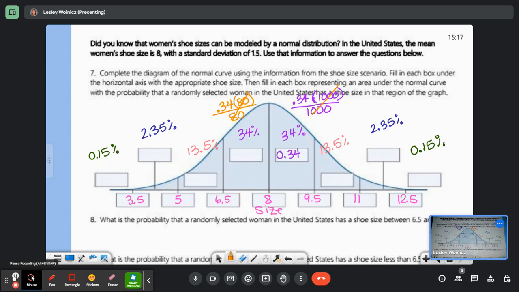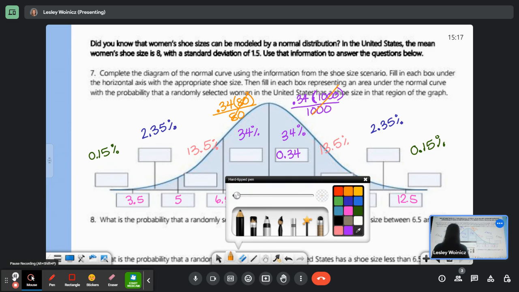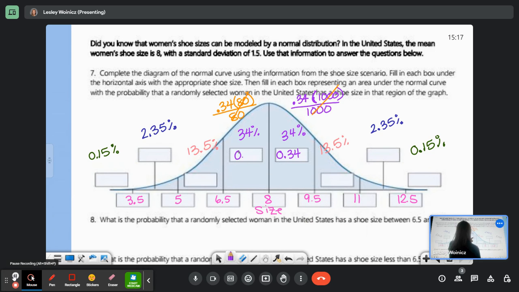Think about it. Do you see that it's going to still be 0.34? So that's why we don't have a number. Does it matter how many we pick out of? No, because it's out of all.